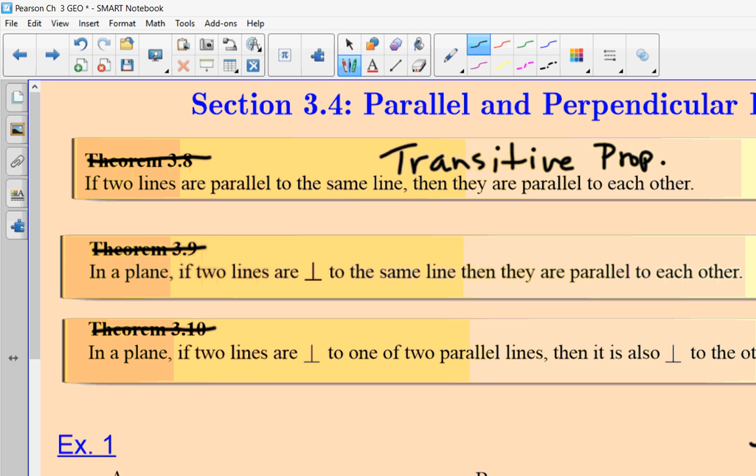All right, this is the last one. In a plane, if two lines are perpendicular to one of two parallel lines, then it's perpendicular to the other.